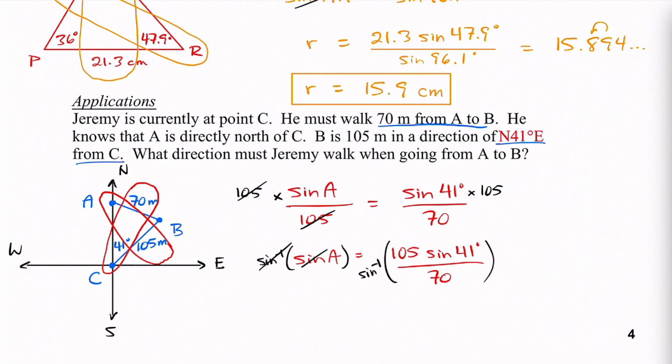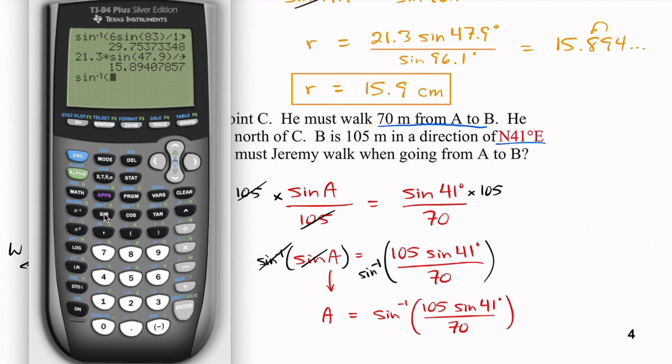Sine and sine inverse cancel. So the only thing coming down is that angle A. So I got A equals sine inverse of all of this stuff. 105 times sine of 41 degrees divided by 70. Okay, and I'm going to type that all into my calculator.